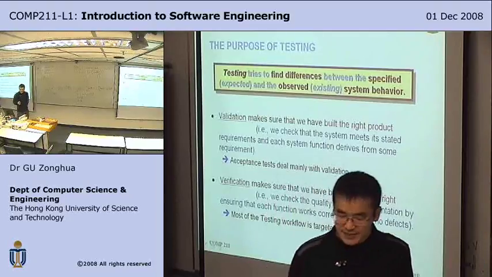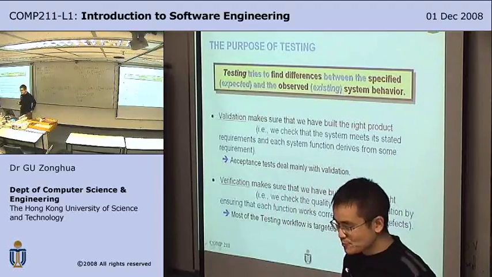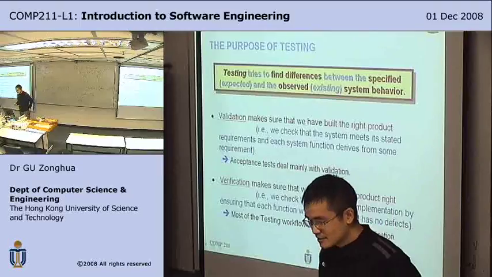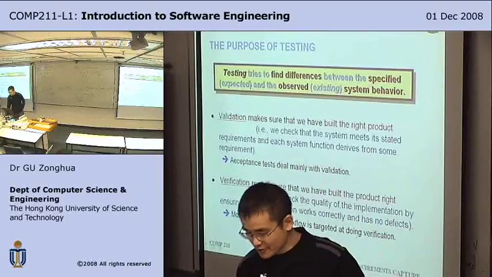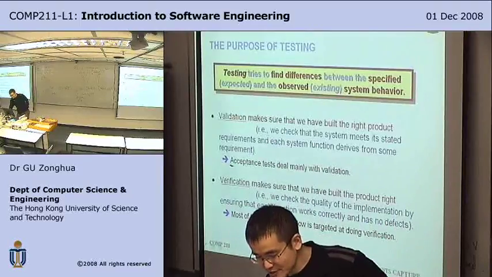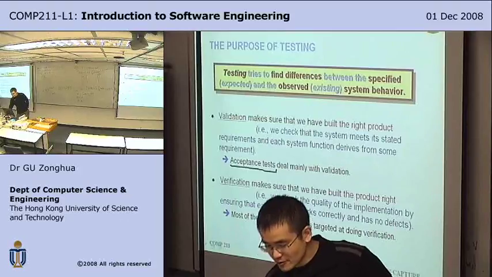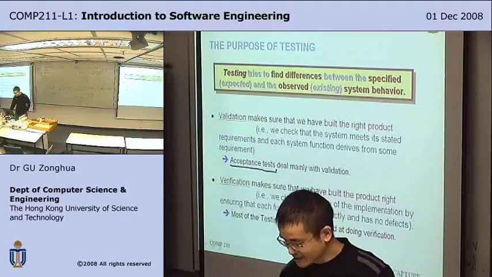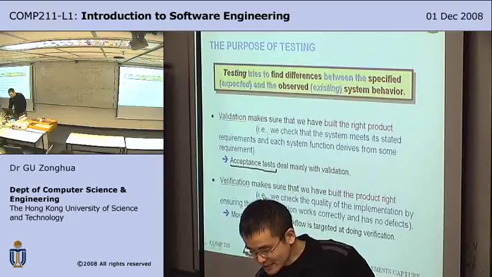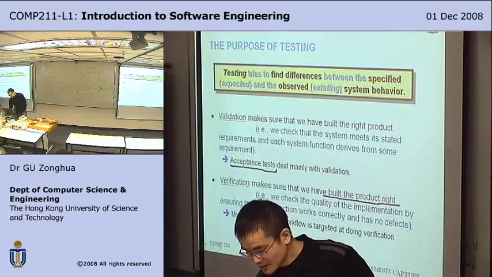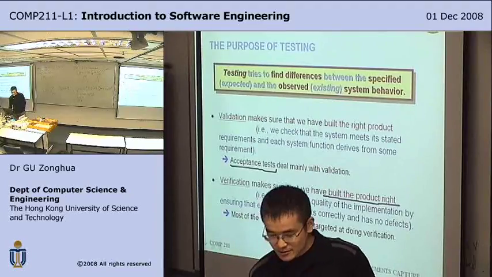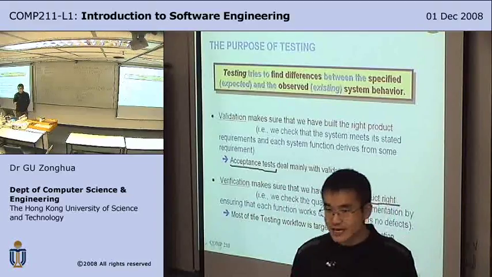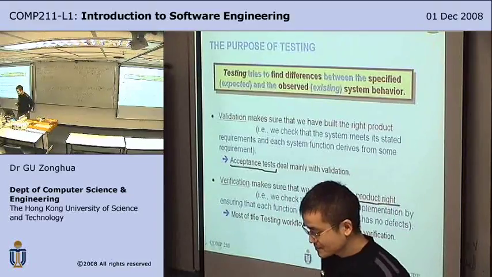So the difference between validation and verification. Validation means that you built the right product. That is, it fulfills all the user's requirements, with acceptance testing. So in your demo on December 10th, we'll do validation. Verification means that you have built the product right. So you're checking to see there are no bugs.